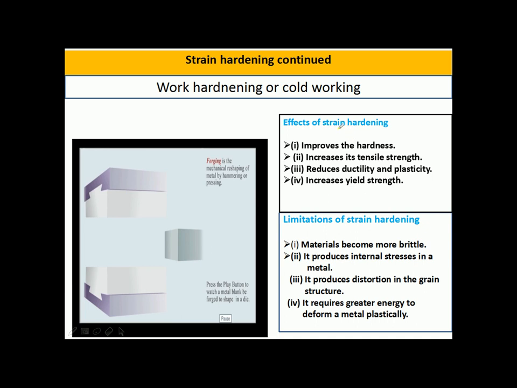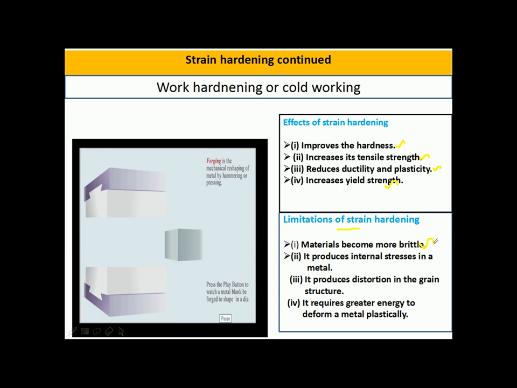Next one, what are the effects of strain hardening? It improves the hardness, it increases the tensile strength, it reduces the ductility and plasticity, and also it increases the yield strength. Now what are the limitations of strain hardening? The material becomes more brittle.